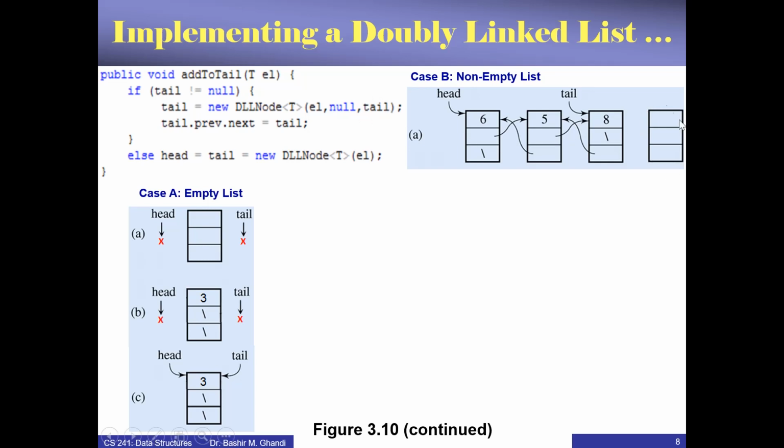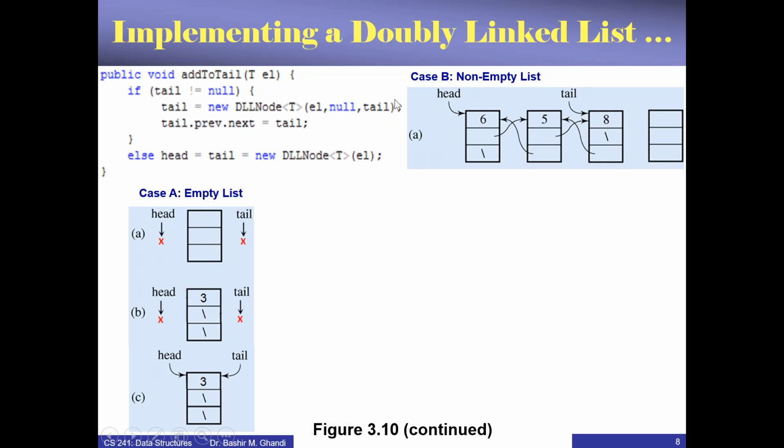So which node is going to be the prev of this one? It is this one. And what variable do we have right now that is pointing to this node? It is tail. Therefore, we're going to say assign tail to this variable, so that this variable will point to the same node.